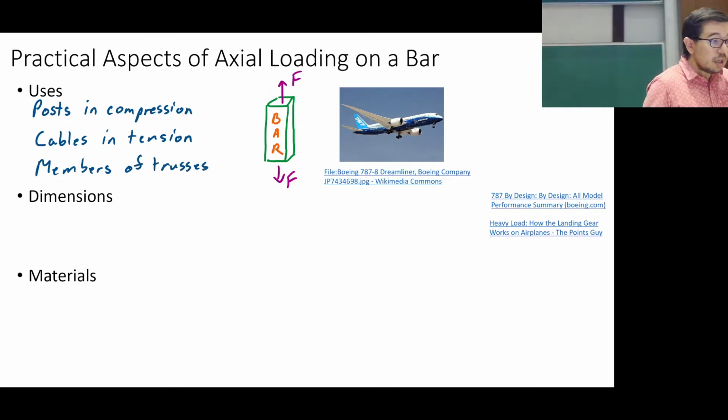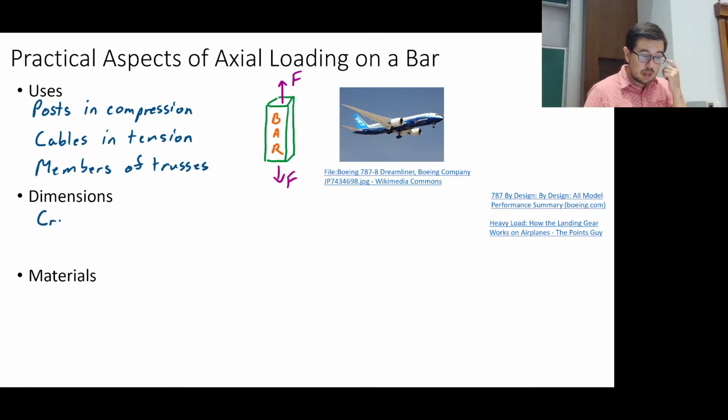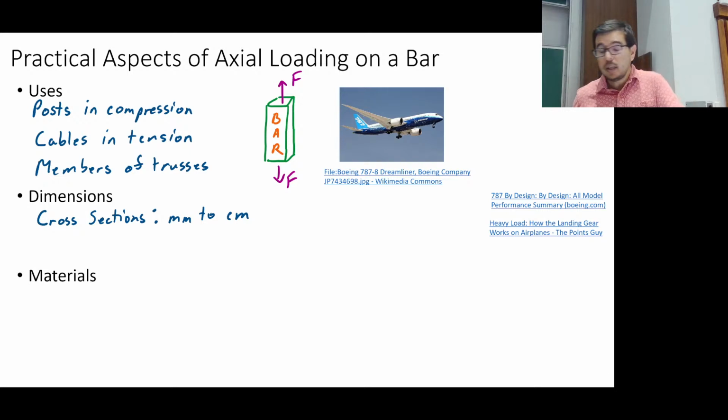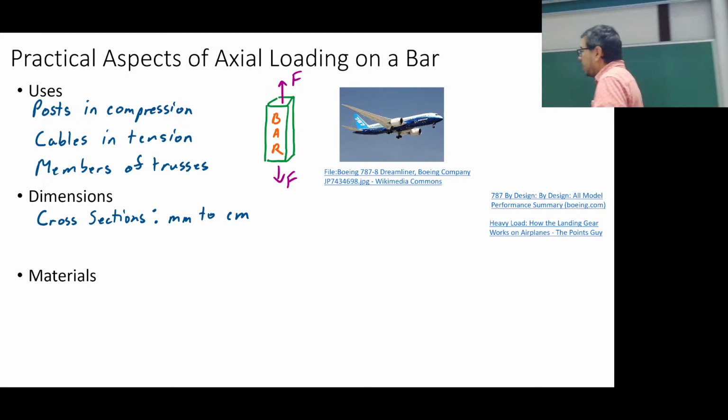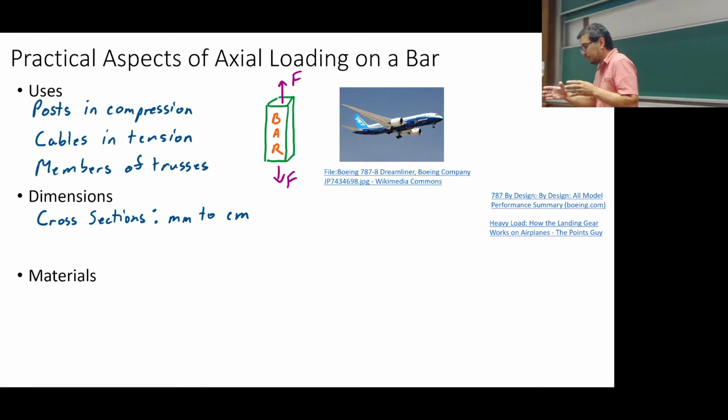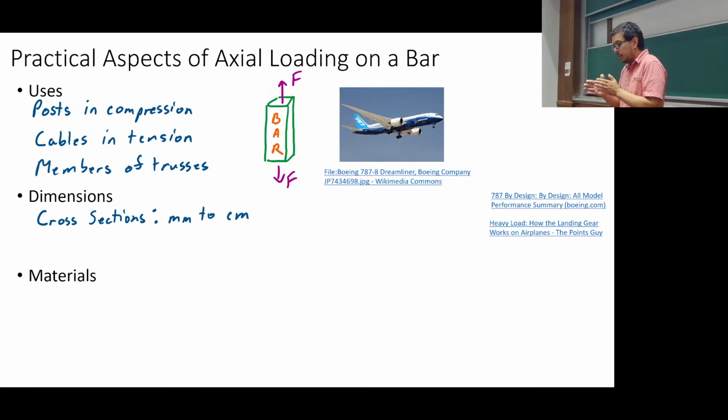Now they can come in different dimensions, with cross sections in this class probably relating millimeters to centimeters. Typically a bar has a cross section whose dimensions are going to be less than its overall length.